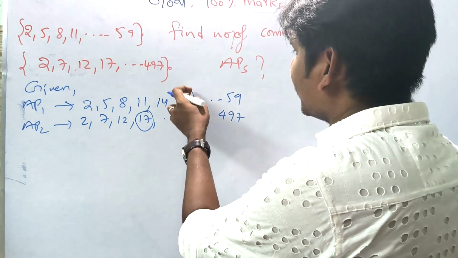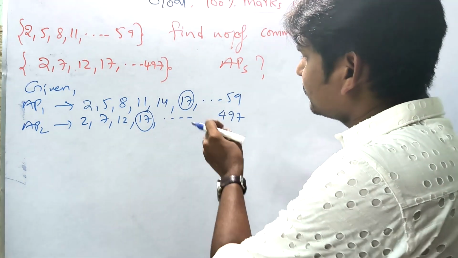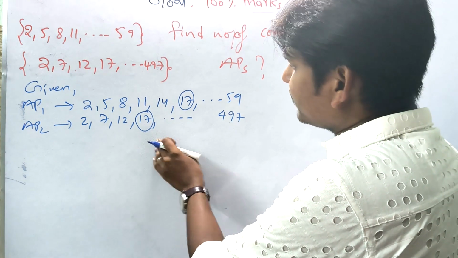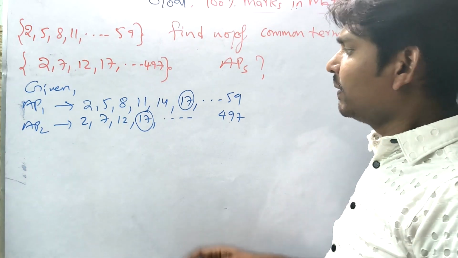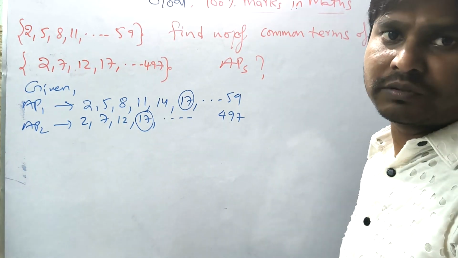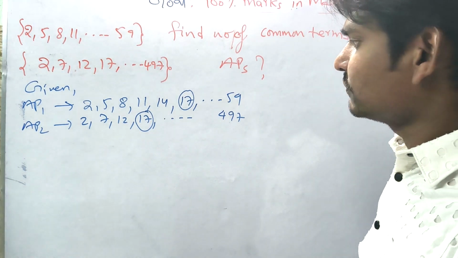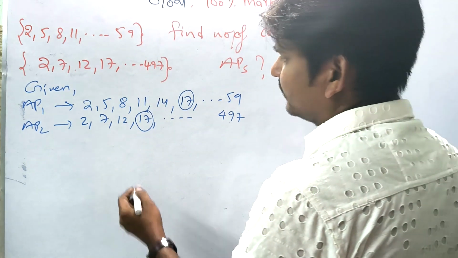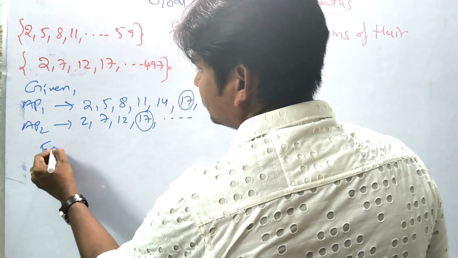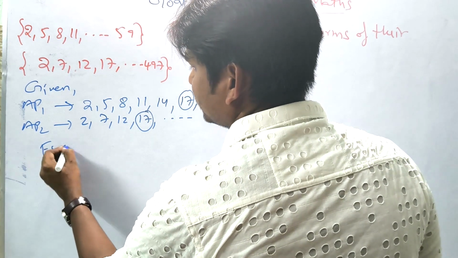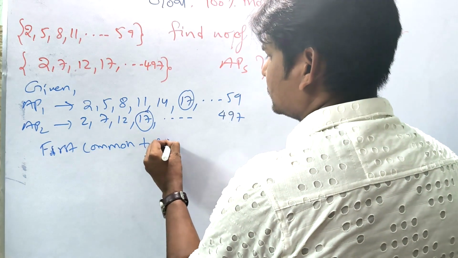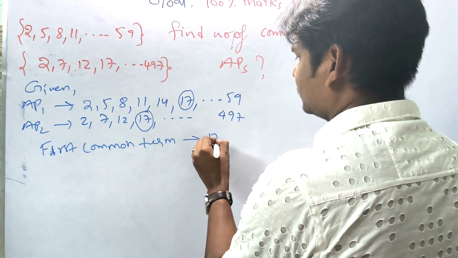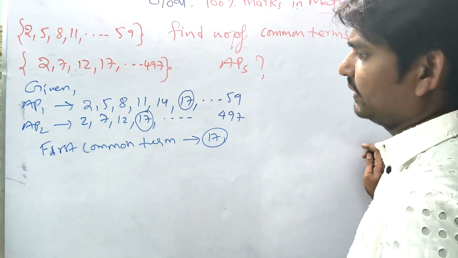If you add plus 15, you will get one more term here and here, and then both are common. But how do we get this 15? First, the first common term is 17. Correct? The first common term is 17.